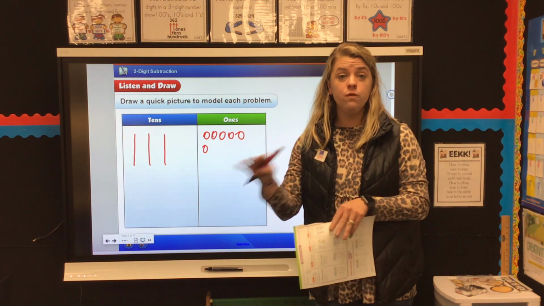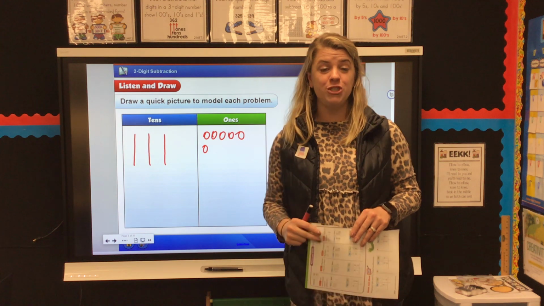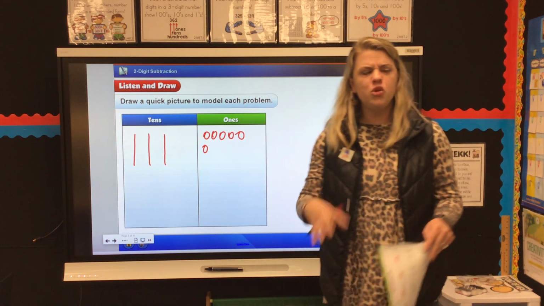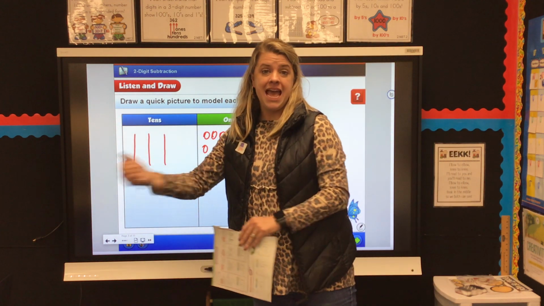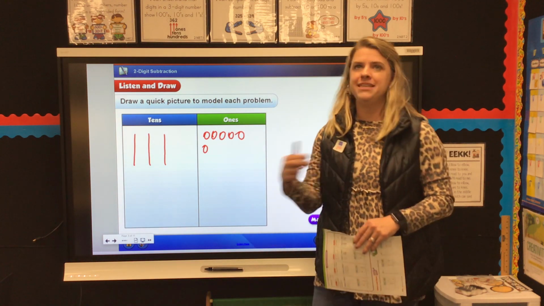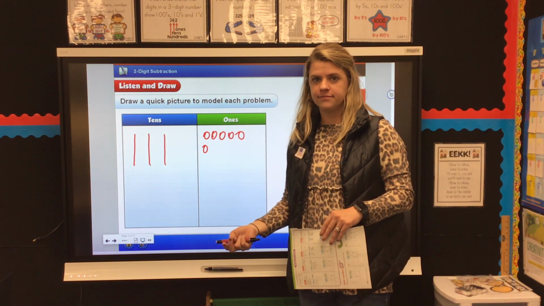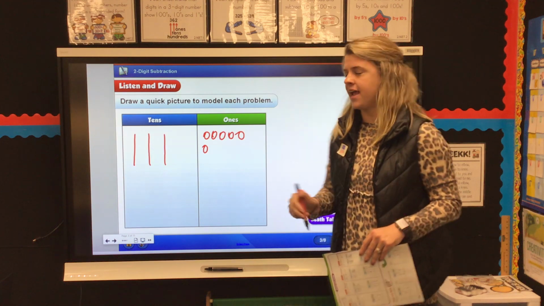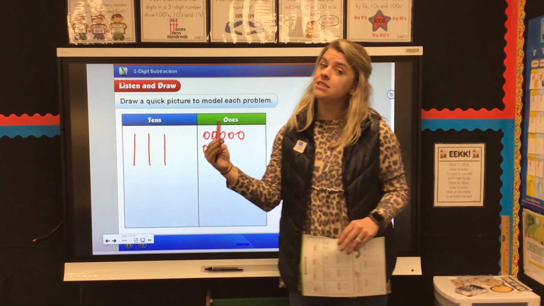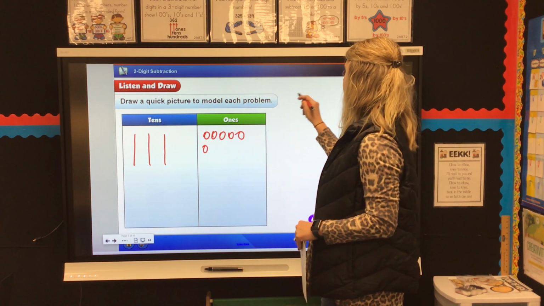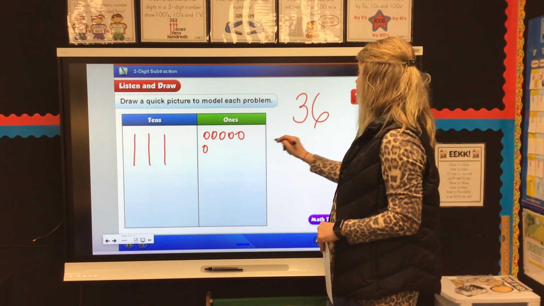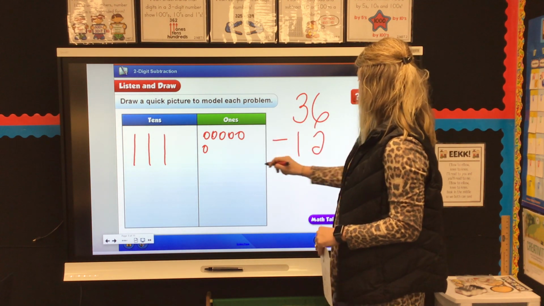He moved 12 toy robots to his closet. So if he moved them, am I adding or am I subtracting? Subtracting. Very good. So I want to subtract 12. So we have 36 minus 12.